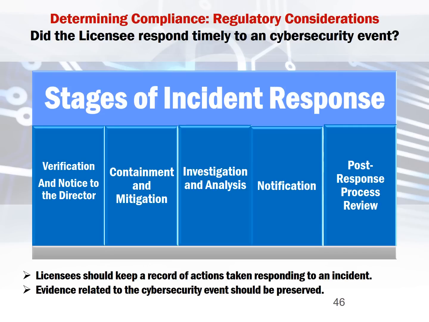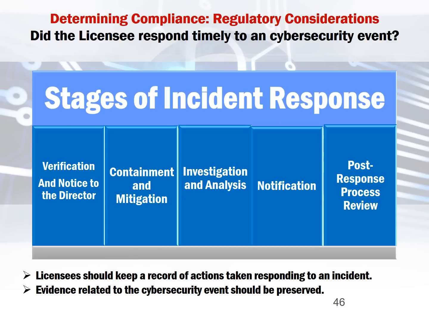This slide shows the stages of incident response, and it's related to the one about the incident response plan. The stages are verification, and I added here notice to the director, because once you've verified that there's been unauthorized access to an information system with non-public information, we ask that you use the notification forms that Mr. Morris will tell you about a little later in this webinar to notify the Department of Insurance.